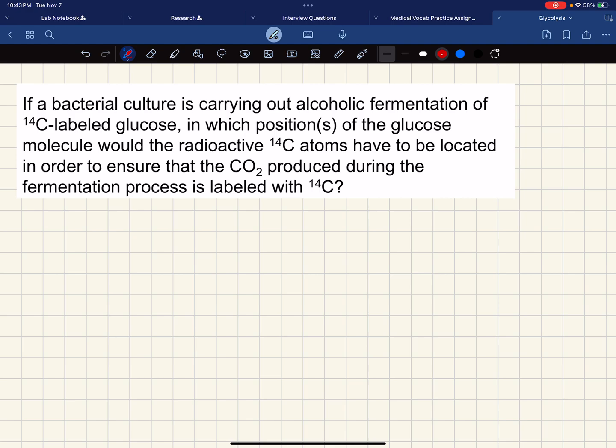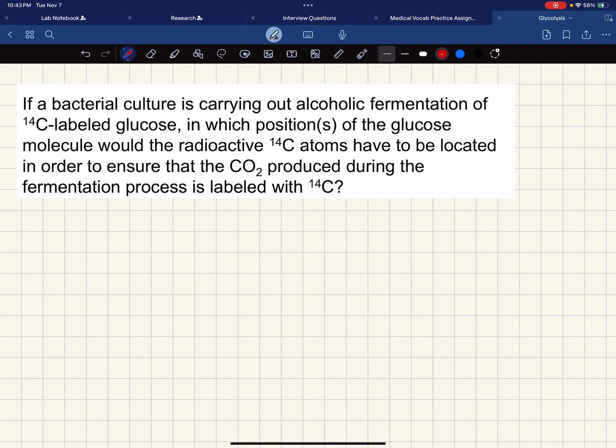And so one thing that I did want to mention is that carbon tracking is super, super important for this. So this is the question from the Action Center that I wanted to go over. He's asking about alcoholic fermentation, which releases CO2.